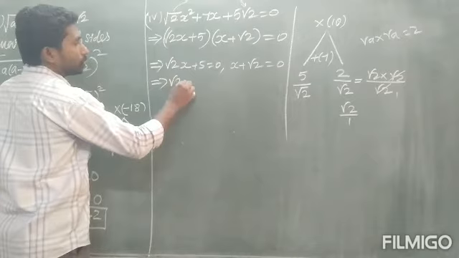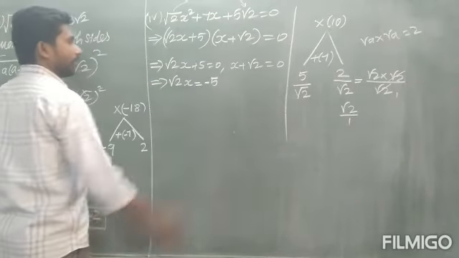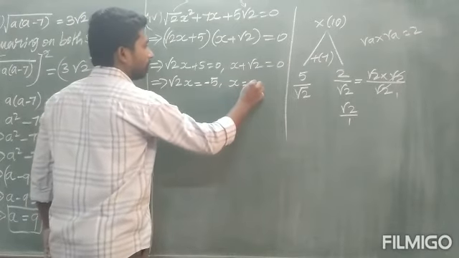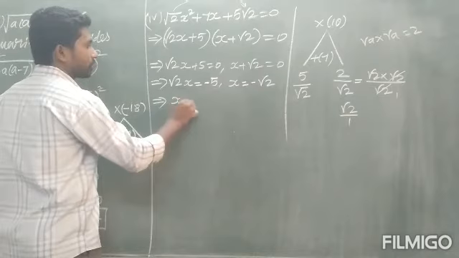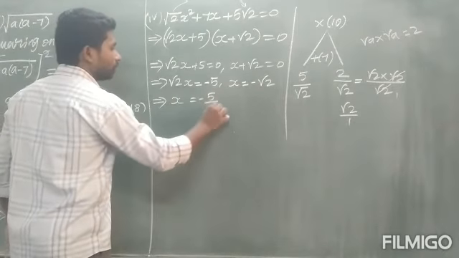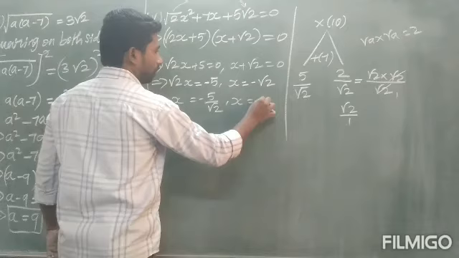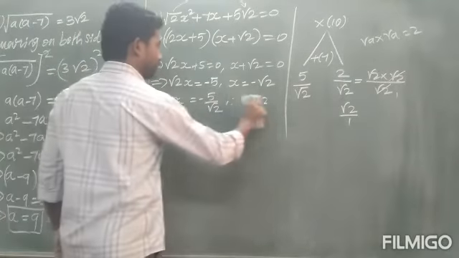square root of 2x, the plus 5 goes to the right hand side, it will be minus 5, and x is equal to, plus root 2 goes to the right, it will be minus root 2. Then this implies that x is equal to minus 5 by root 2, and x is equal to minus root 2, which we already have.